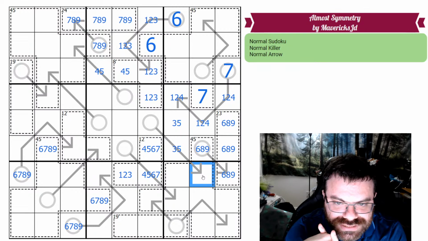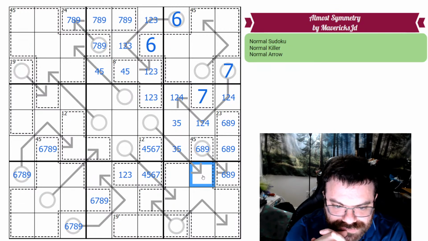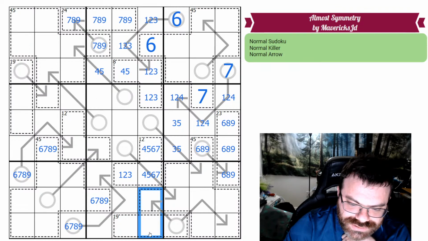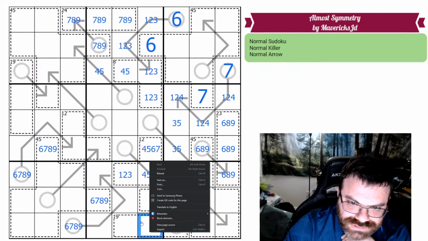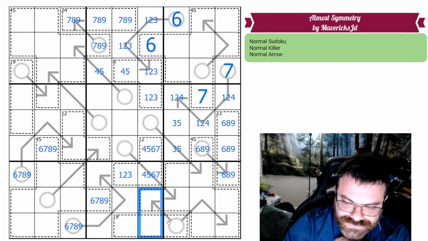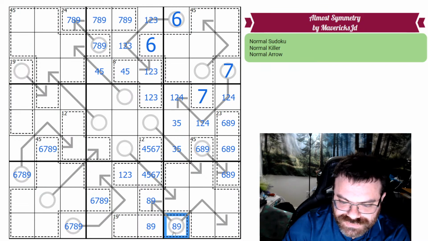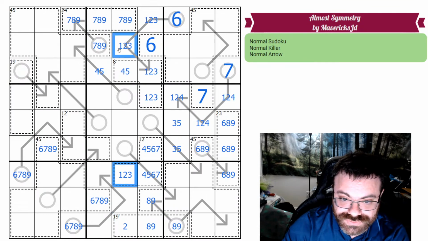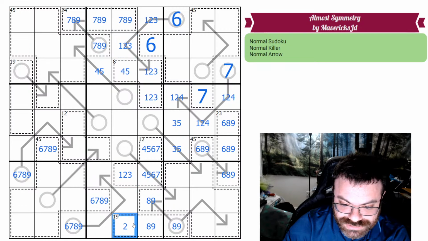But we don't know that it's an 8 or a 9. Is there something stopping this from being an 8-9 pair? Maybe. If this were 8, 9, this would be 8, 9. That would be 17. This would have to be 2. Which almost screws up the column, but it doesn't. So I can't rule that out.